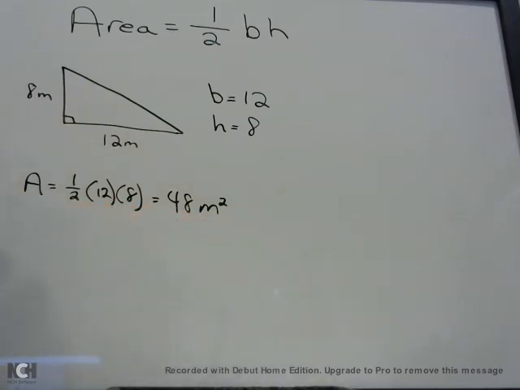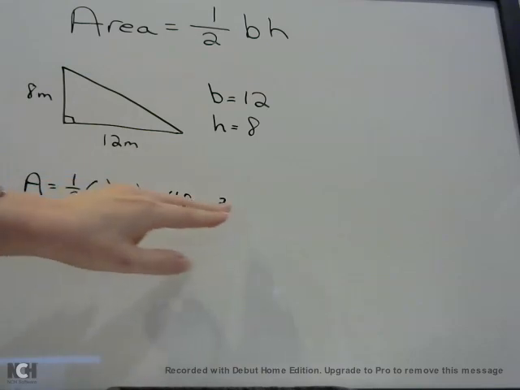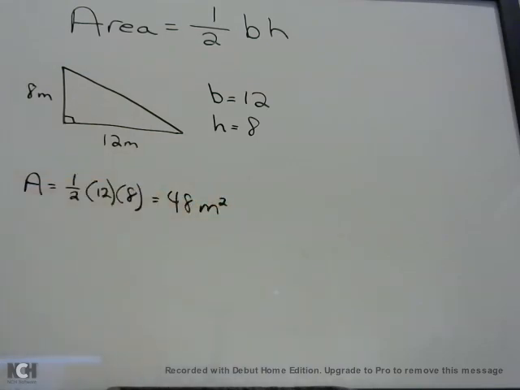So anytime you do an area problem, regardless of the shape, the answer is always going to be in squared units. So here, again, if you're using your calculator, you can remember that a fraction is just a division, so you can plug in 1 divided by 2 times 12 times 8, and you get 48, and it's meters squared. So again, it's important to remember you're going to square those.